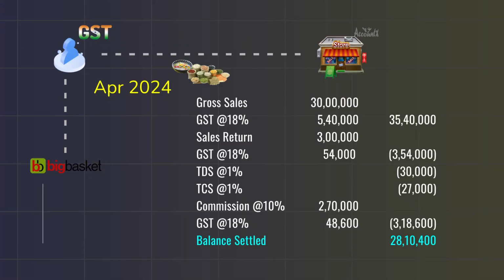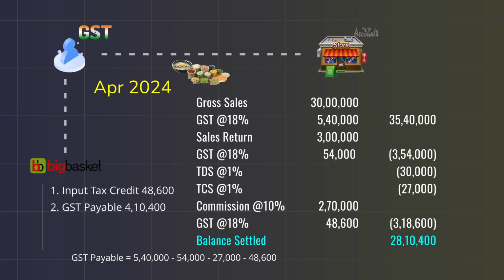From this example, there are 4 key takeaways. One, GST that you pay on commission is your input tax credit, that is 48,600. So GST liability for April, assuming you have no other transaction, would be your net GST as reduced by TCS and input tax credit. So it is 4,10,400.